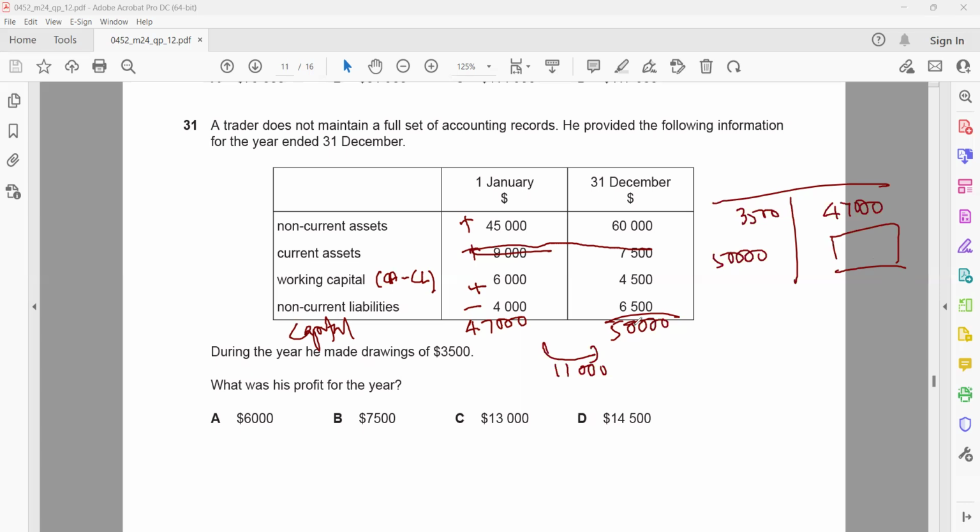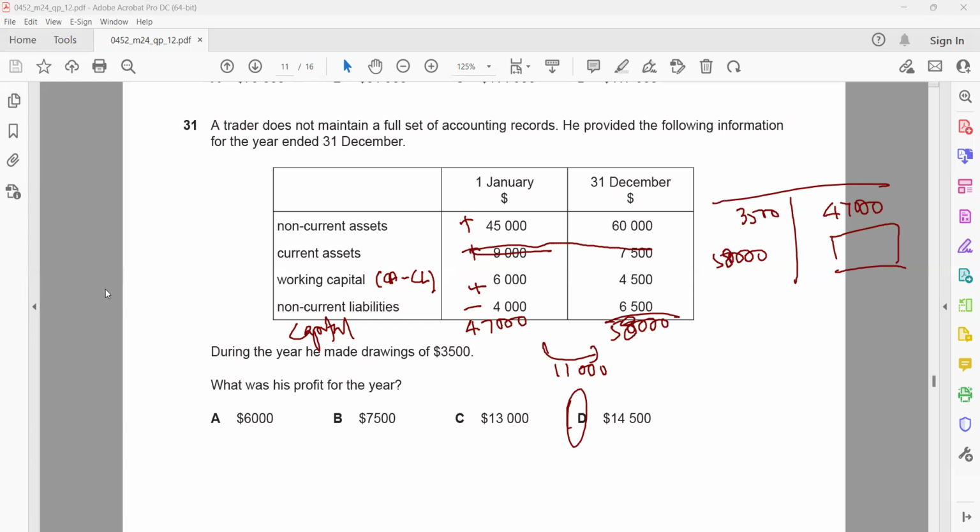Let me count one more time. 60,000 plus 45 minus 65. Oh, this is the 8,000. So 58,000 plus 3,005 minus 4700. So the answer should be 31.